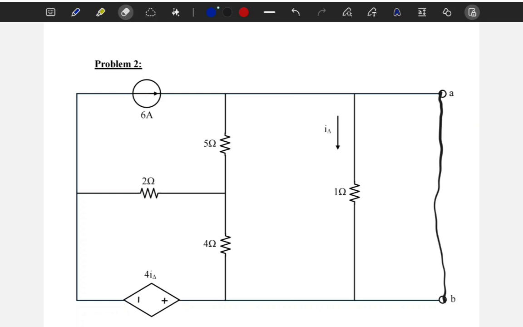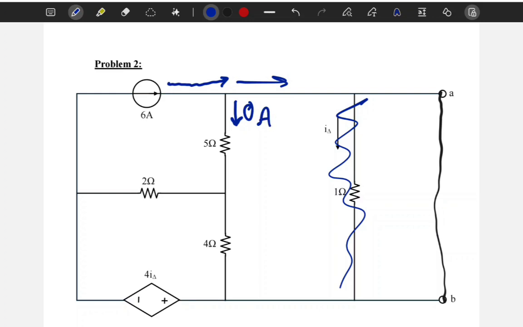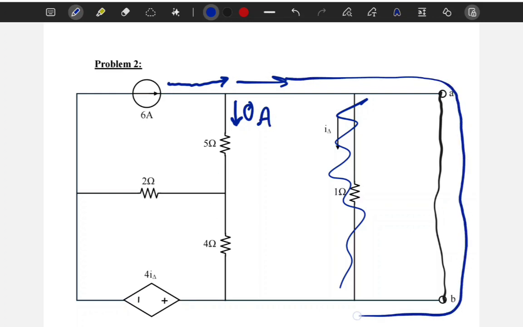Now, I want to argue why this result is acceptable. It's because now the 6 amperes goes from here, and it's gonna see a resistive load or nothing, because this doesn't exist, because I short-circuited the thing. So it's gonna see nothing. The current right here is 0 amperes. Nothing flows into here. It's gonna prefer going like this.